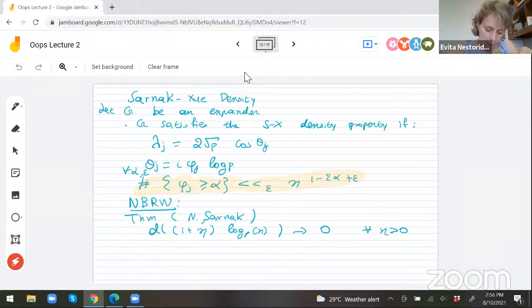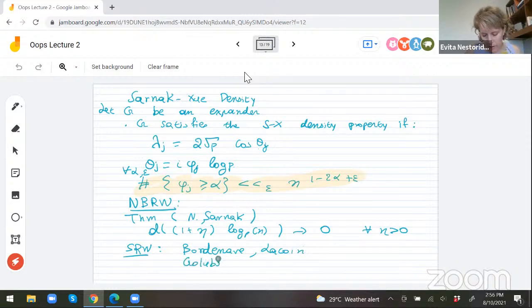Just to say a few words about this, these graphs are highly studied in number theory. In terms of the simple random walk, they have been studied by Bordenave and Laquan at first, and then by Golubev and Camper.